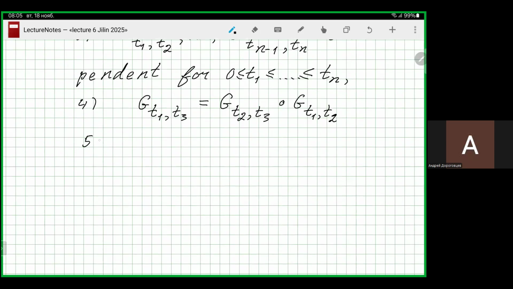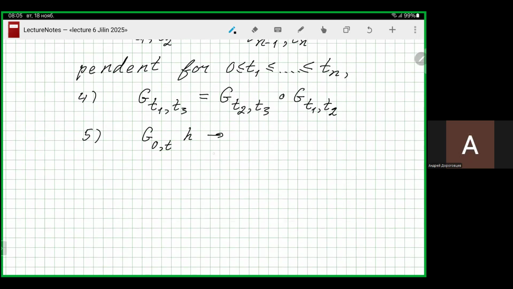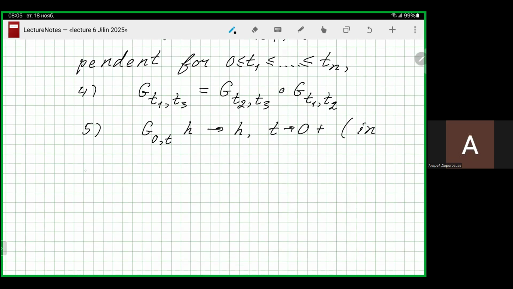And fifth, that J_{0T} h tends to h, one can say in probability or in some other sense.